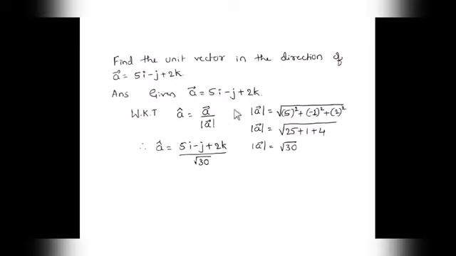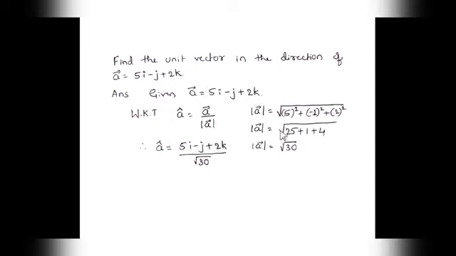Magnitude of vector A is equal to the square root of the square of the coefficient of i plus the square of the coefficient of j plus the square of the coefficient of k, that is 5 square plus minus 1 square plus 2 square.